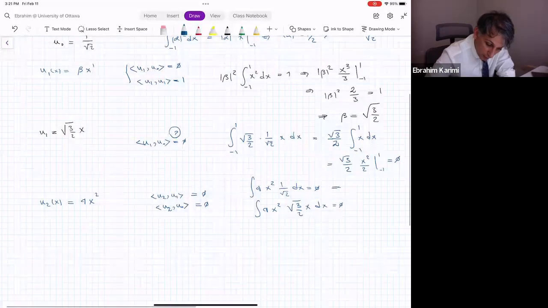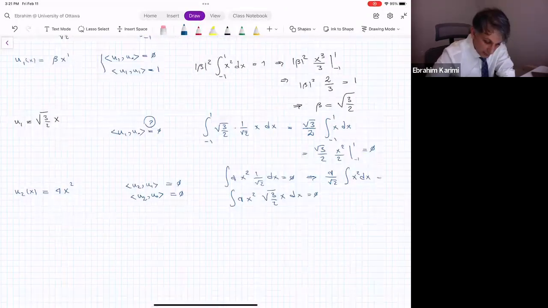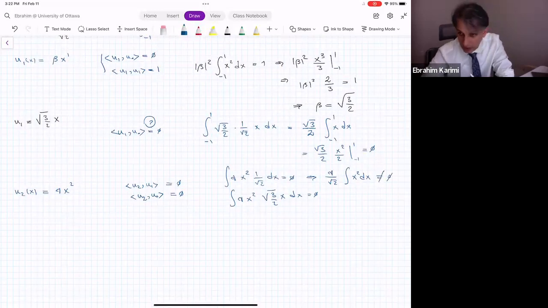So from the first one, what we will get is gamma divided by square root of 2 integral of x power of 2 dx. Is that 0? No, this is not equal to 0. So this choice that we do have is not a proper one.